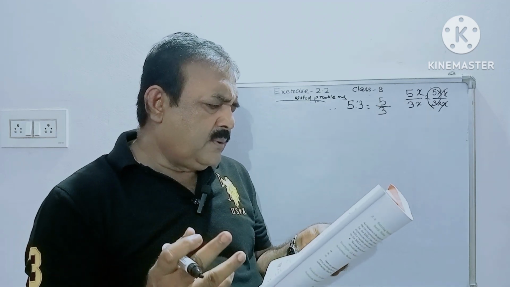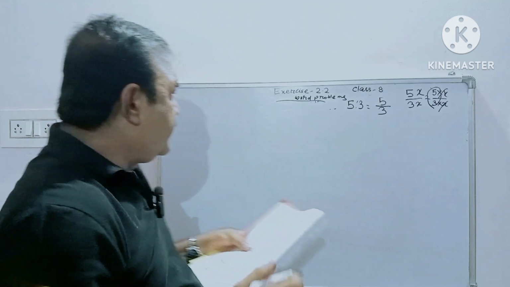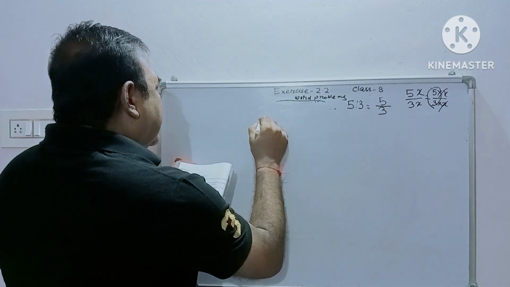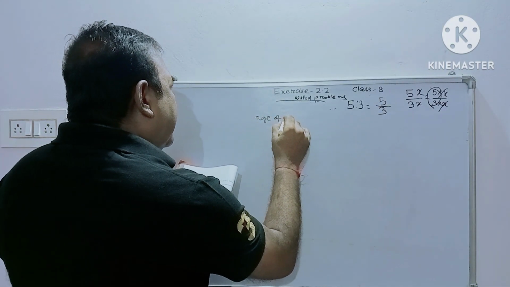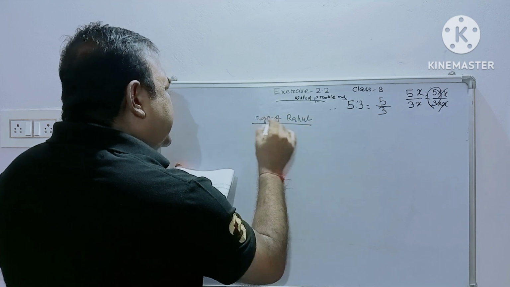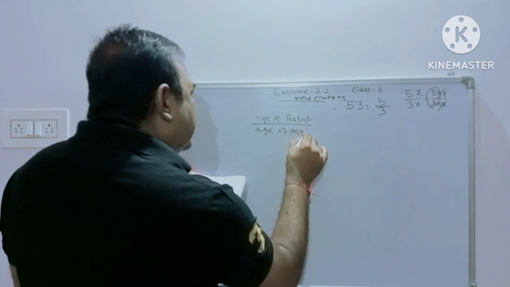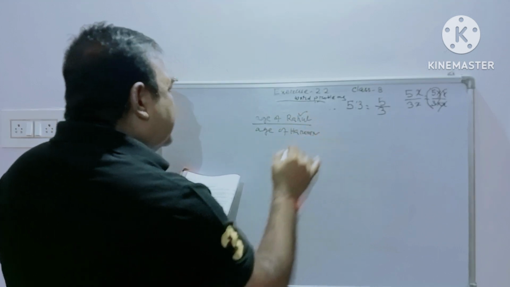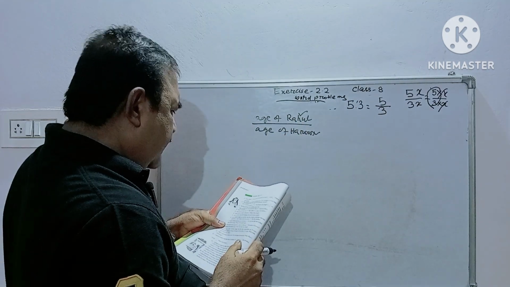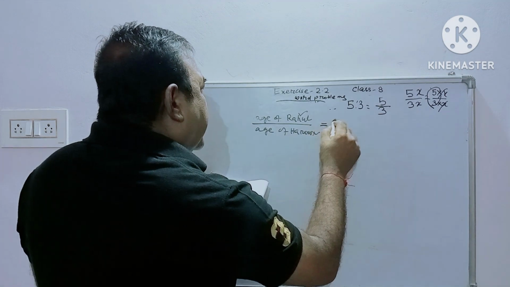So who are the two fellows? Rahul and Harun. The ratio of the age of Rahul to the age of Harun, first Rahul, then Harun, is 5:7.